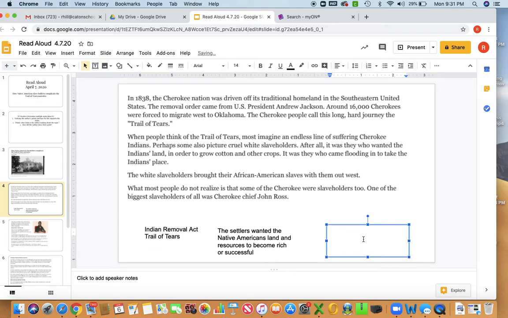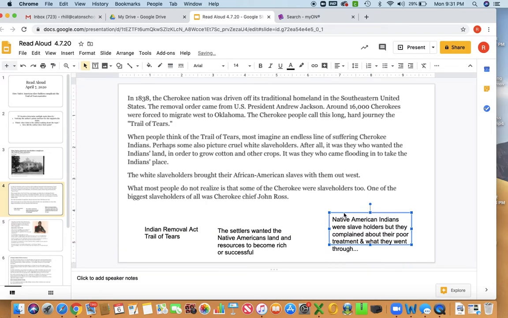So you're telling me the Native Americans were slaveholders, but they complained about their poor treatment and what they went through. So this is a new perspective right now. This is a perspective I never even heard of. A point of view. Wow.